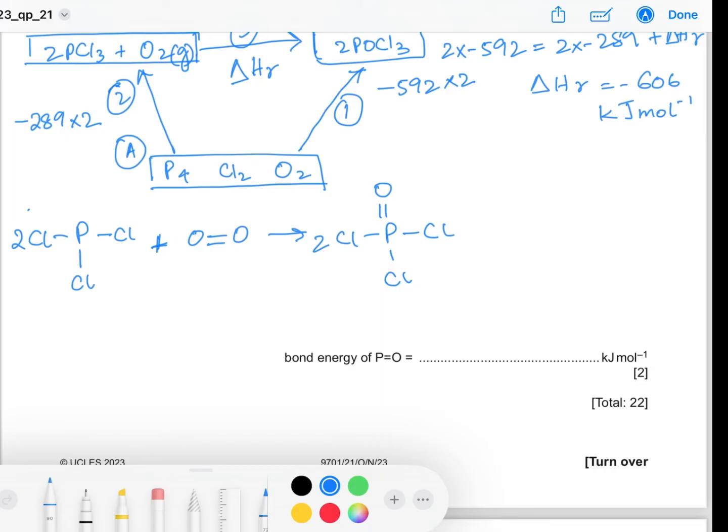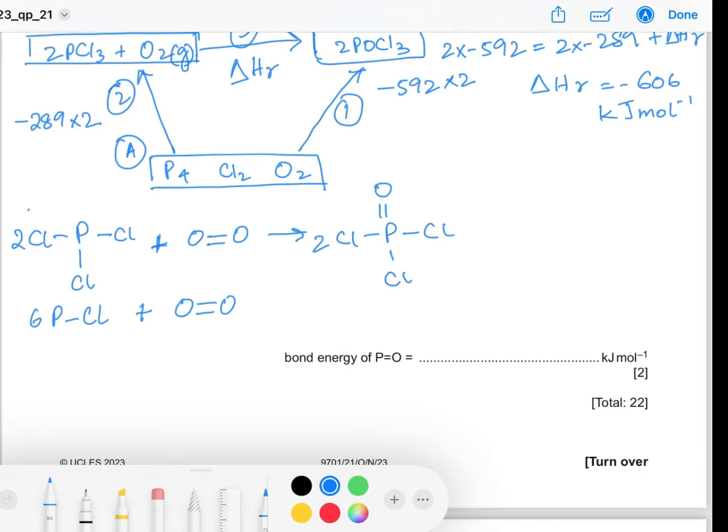According to this equation, you will break 6 phosphorus chlorine bonds, because you have 2 molecules, each of which have 3 single phosphorus chlorine bonds. And also you will break 1 oxygen double bond. Both of these you will be denoting with a positive sign, as bond breaking is an endothermic process.